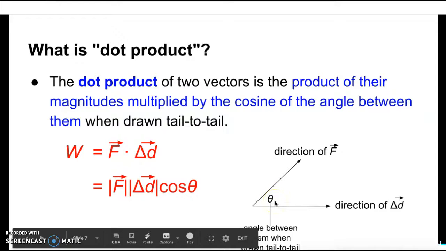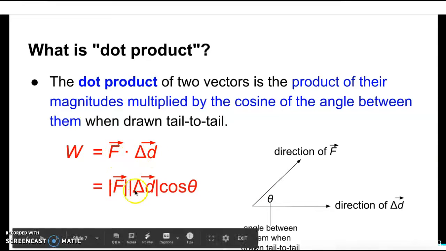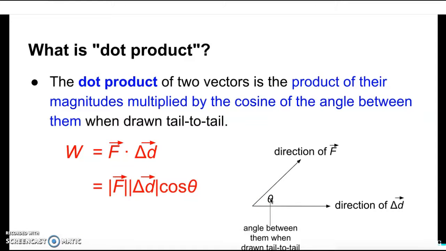Then the formula for the dot product between these two vectors is you just multiply how big they are in magnitude, and then multiply it also by the cosine of the angle that you found by drawing them tail to tail. And that's what the dot product is, and that's the formula for work.